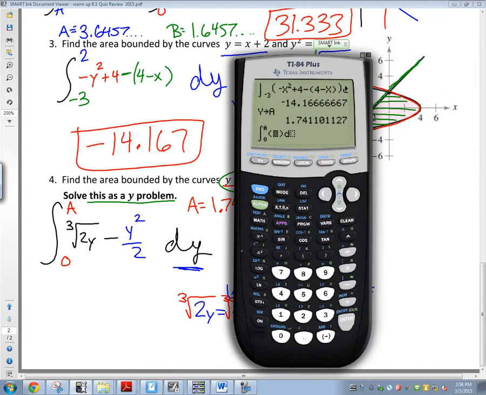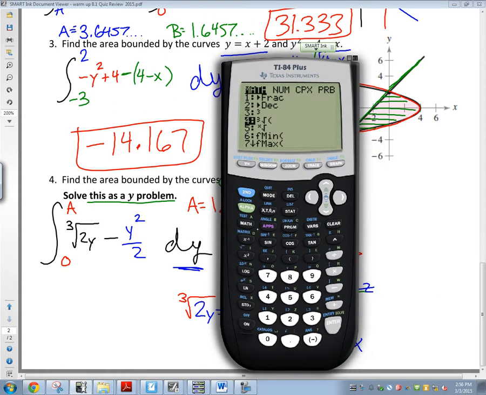So the cube root. I can do a few things here. If I hit the math button, and then math number 4, so that's this button right here, math number 4 of 2y, minus y squared divided by 2, dy. Type it in, hit enter.